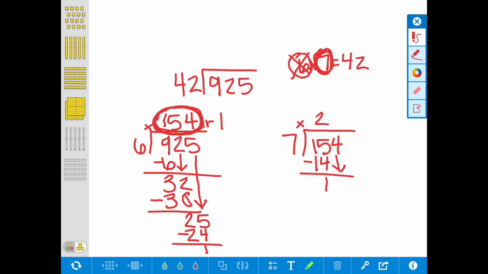Bring down your 4. And 7 fits into 14 2 times. So we have a remainder of 0 here.